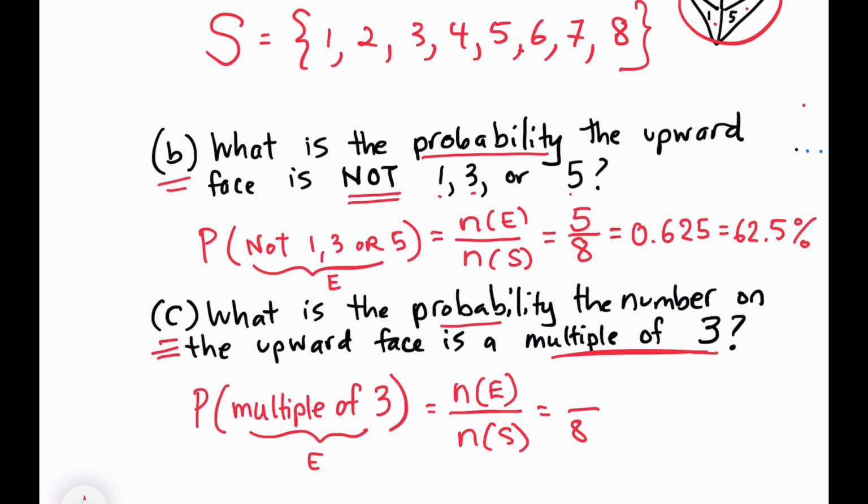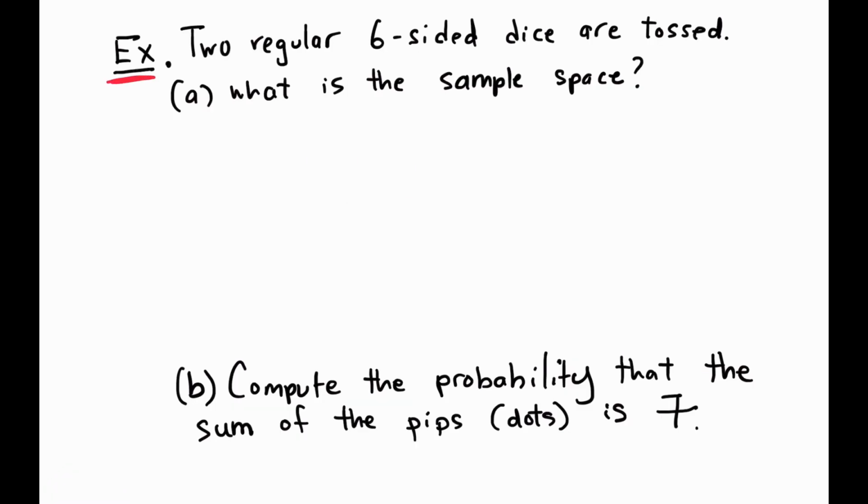How many of these things are multiples of 3? I only see 2 things, so this will be 2/8, which is just 0.25 or 25%. So that's our probability.